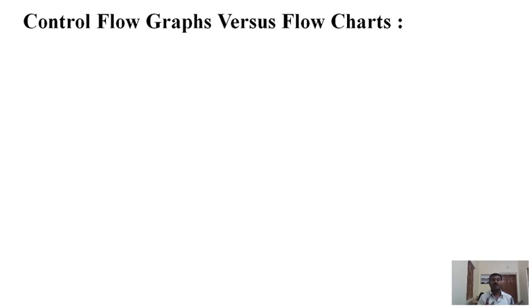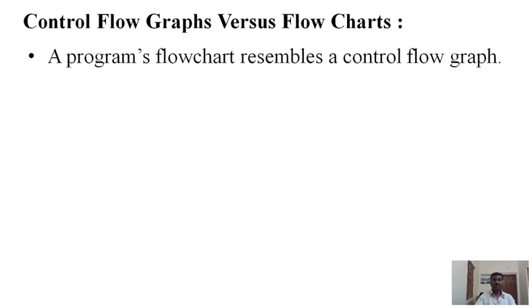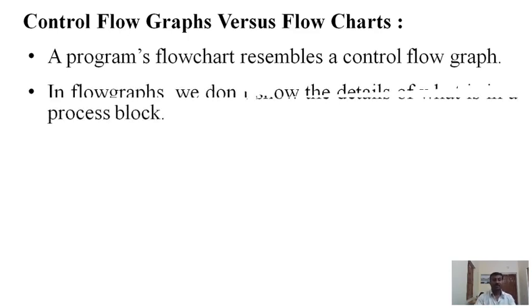Then what is the difference between a control flow graph and a flow chart? First, a program's flow chart resembles a control flow graph. Both may be in a similar format, so we say a program's flow chart resembles a control flow graph. In flow graphs, we do not show the details of what is in a process block, and we are not giving any details about its content.